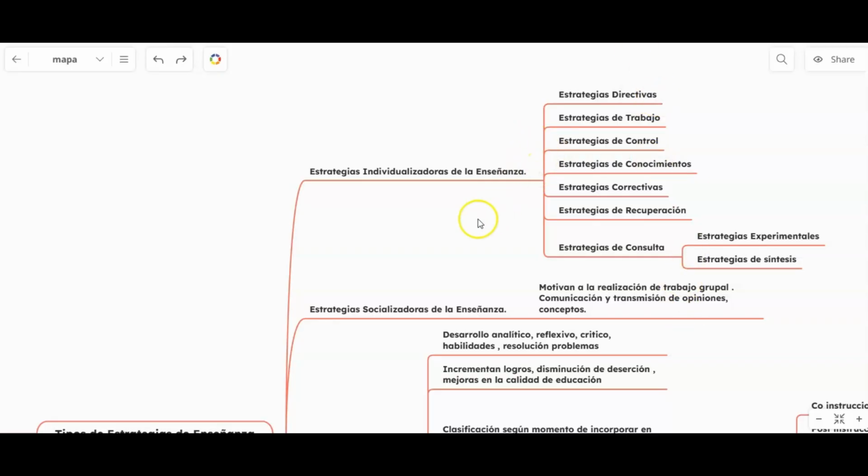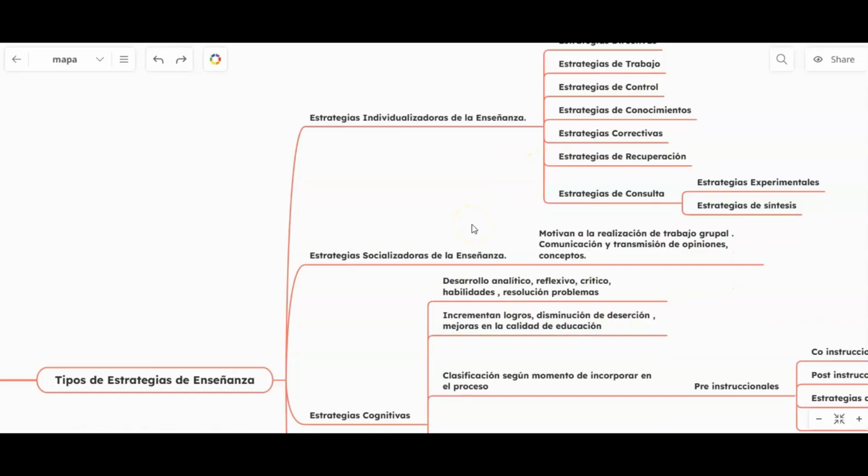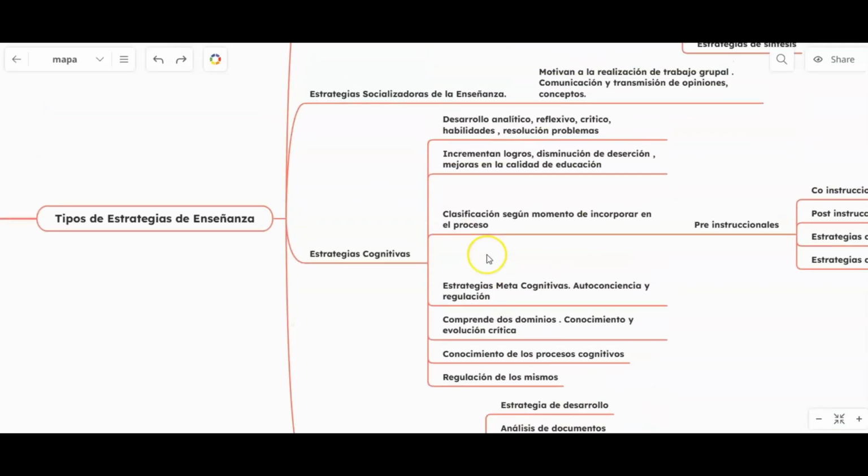Now, after that, we have something called socializing strategies. These motivate group work, and they encourage communication, the exchange of opinions, and the sharing of ideas, basically discussions in the classroom. Now we also have cognitive strategies.